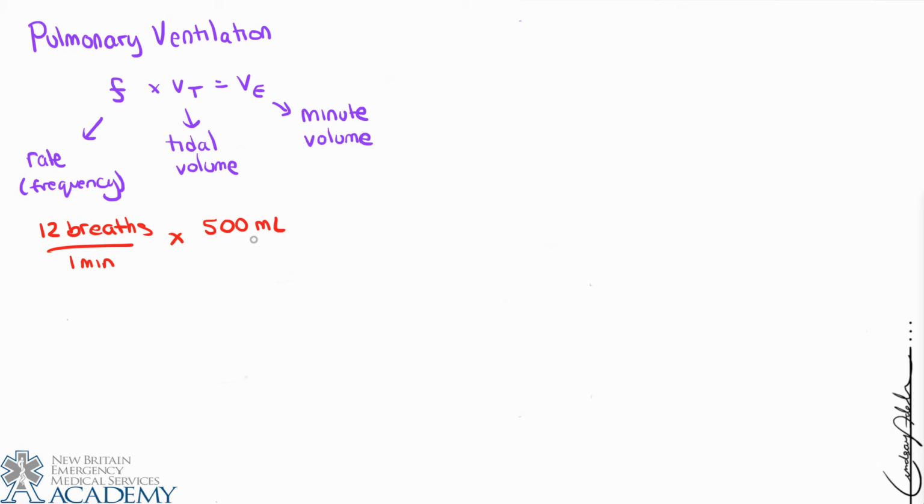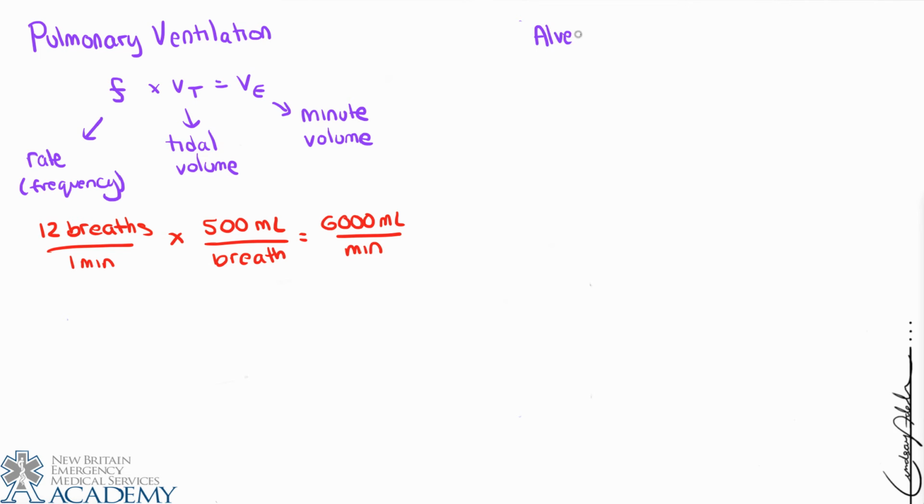So we usually consider tidal volume in terms of ideal body weight, and so we could say that 500 would be a good starting point. So 500 mLs for one breath, and we multiply those together, we get about 6,000 mLs exchanged per minute, which is equivalent to about 6 liters.